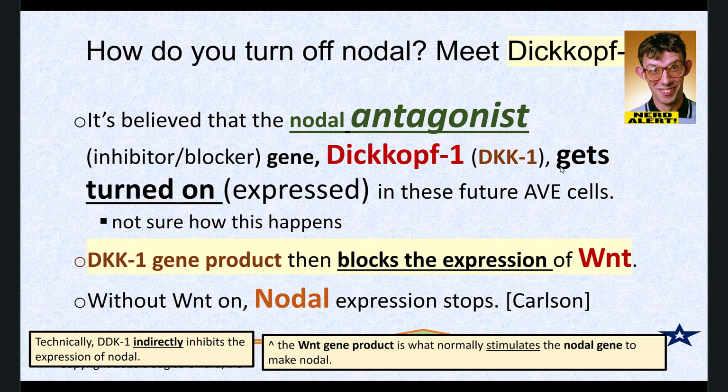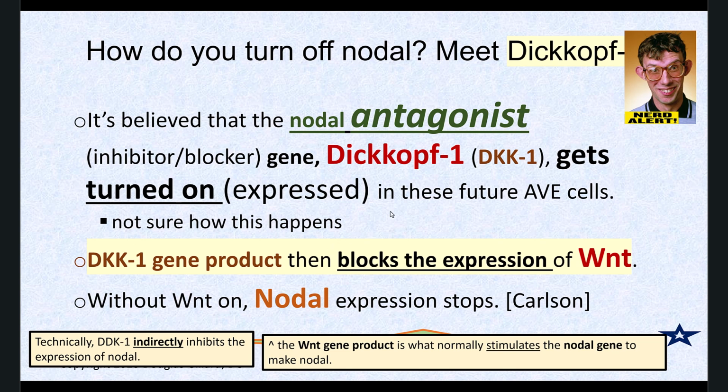The trick is the main nodal turner-offer, or in more official language, the nodal antagonist. An antagonist is a blocker. It doesn't put something into motion, it blocks something. The main nodal antagonist, it's got a very strange name, Dickkopf-1 or DKK1, is what gets turned on.